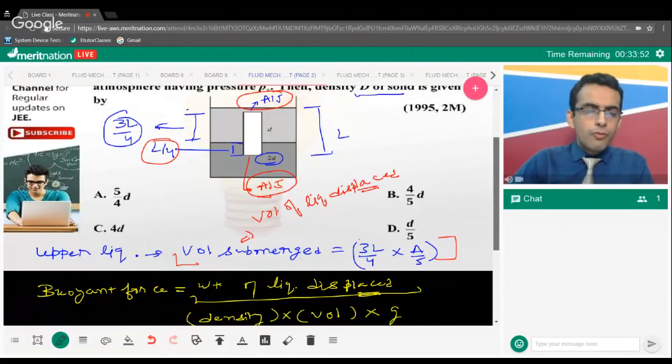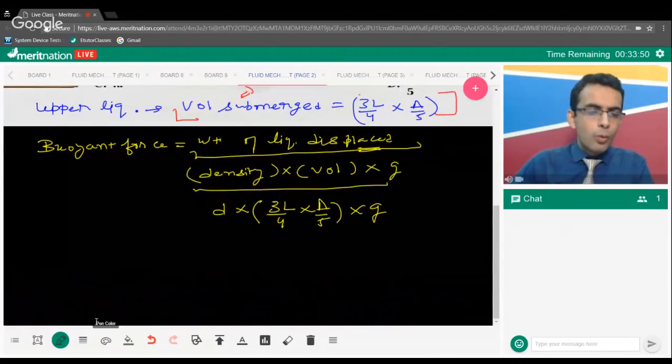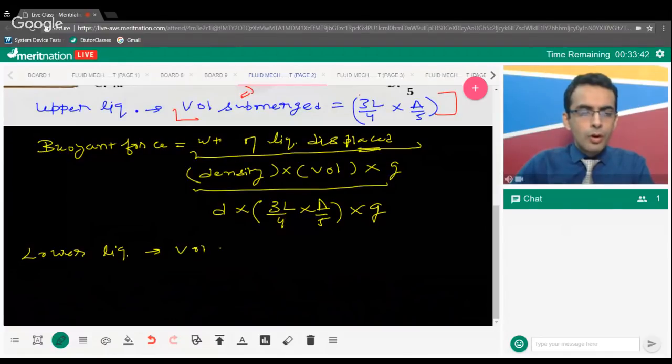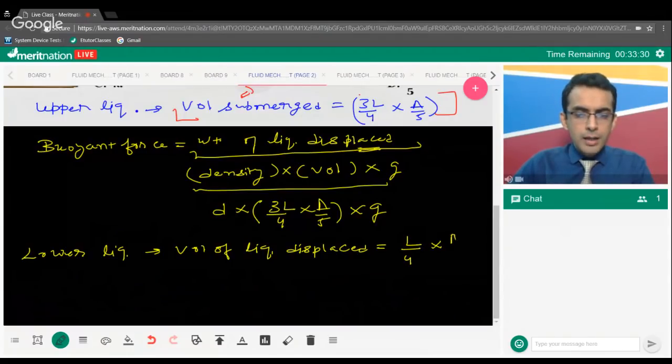So for the lower liquid, the volume of liquid displaced is equal to L by 4 into A by 5, right?